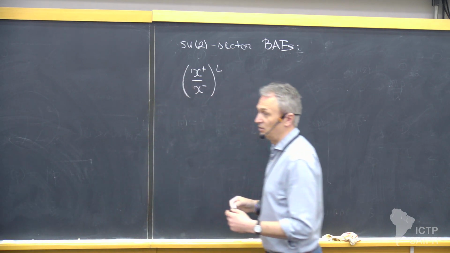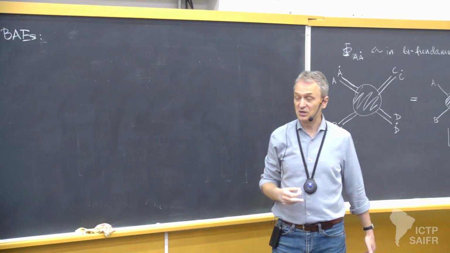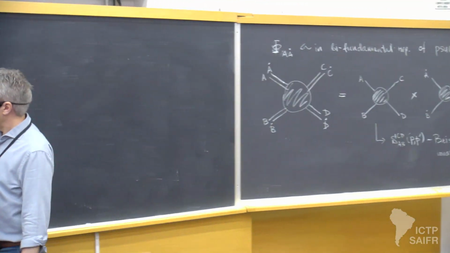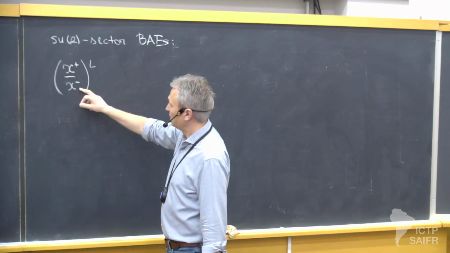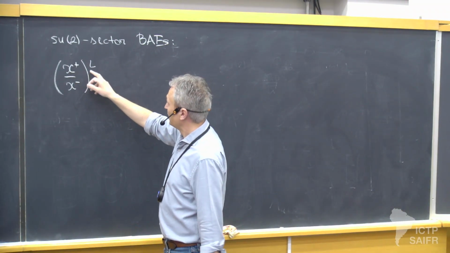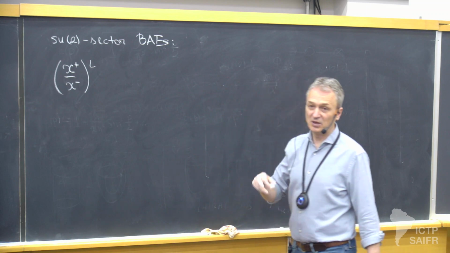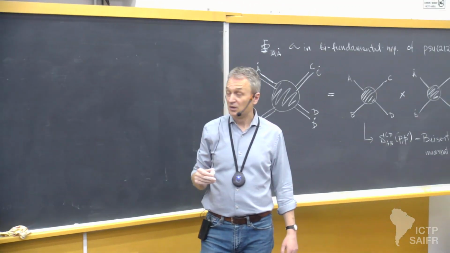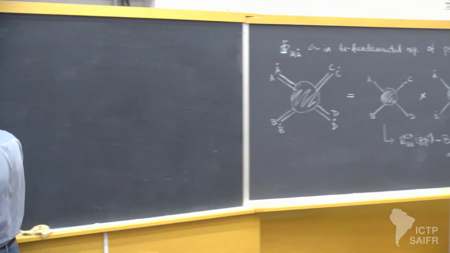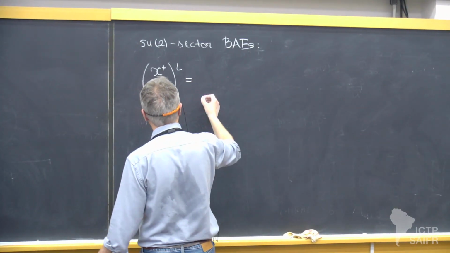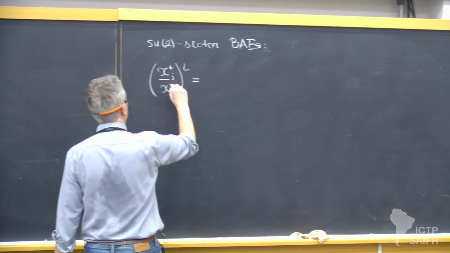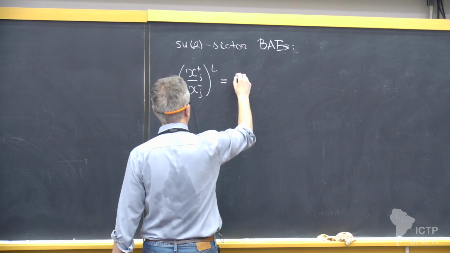This is what we should write on the left-hand side, because this is e to the momentum of the magnon, and then we raise it to the power L. That should be compensated by the scattering shift of magnons.